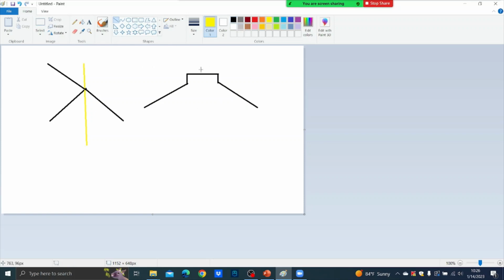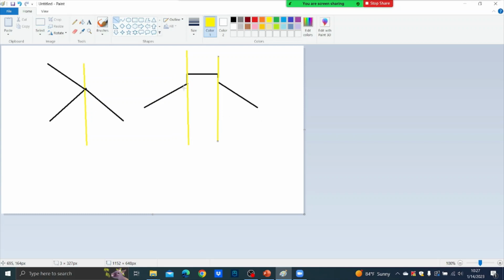Now your axis of rotation will be like this. This is your axis of rotation, and in the same way, this is your axis of rotation.